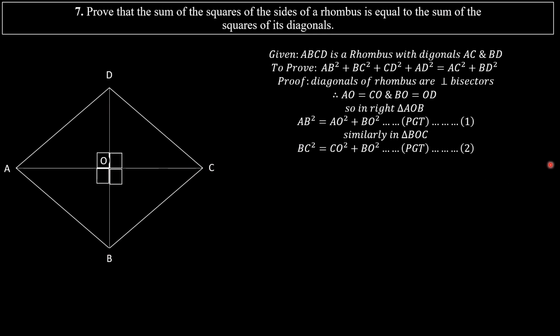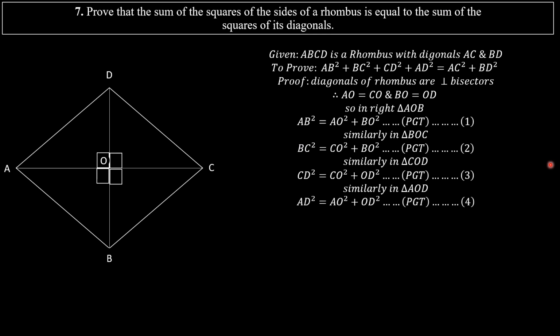In triangle COD, we get CD square is equal to CO square plus OD square. And in triangle AOD, by Pythagoras once again, we get AD square is equal to AO square plus OD square. So these are the four equations involving the squares of the four sides of this rhombus. Let's add them.